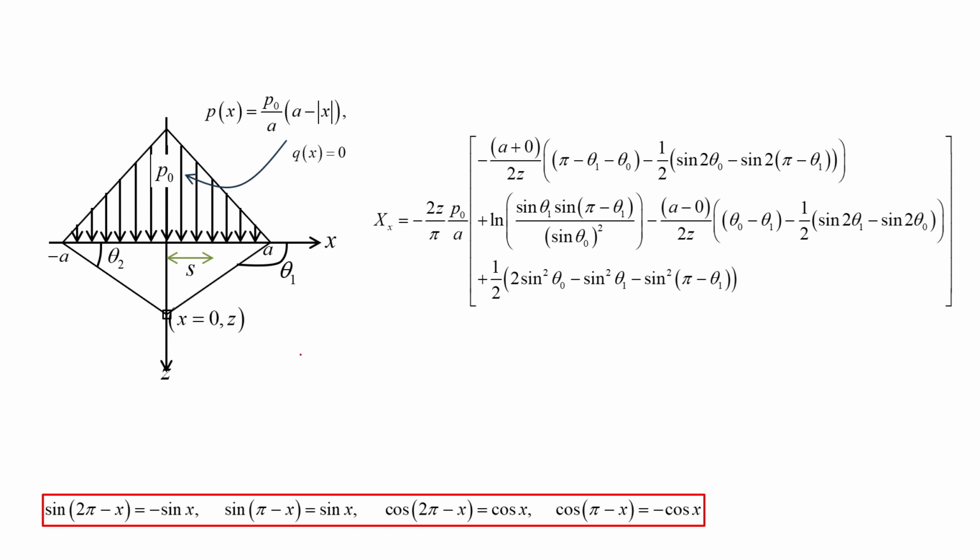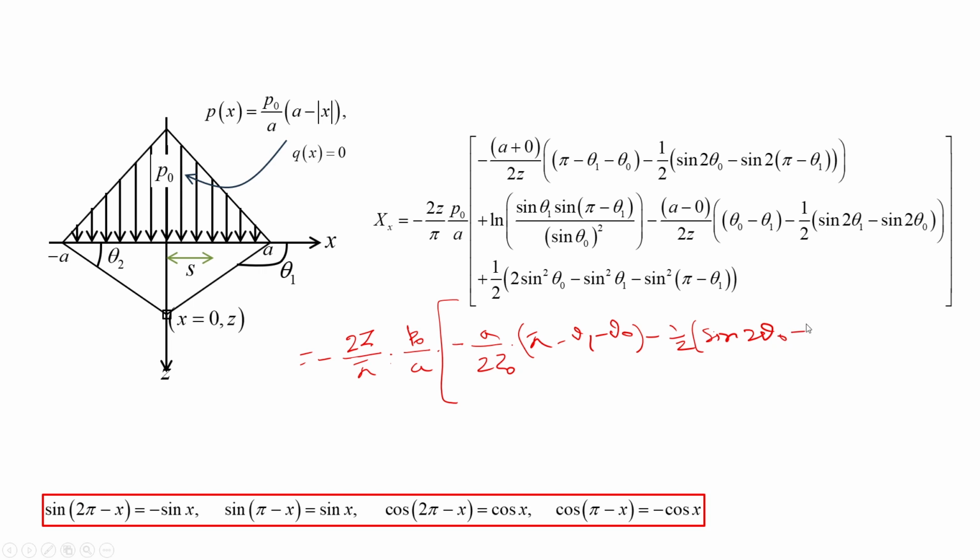So, here we can write then, is equal to minus 2 z over pi into p 0 by a over here, and then here it is minus, and it is at x is equal to 0, and so therefore here it is minus a by 2 z, and it is pi minus theta 1 minus theta 0 minus half of sine 2 theta 0 minus, so this is sin 2 pi minus x is minus sin x.